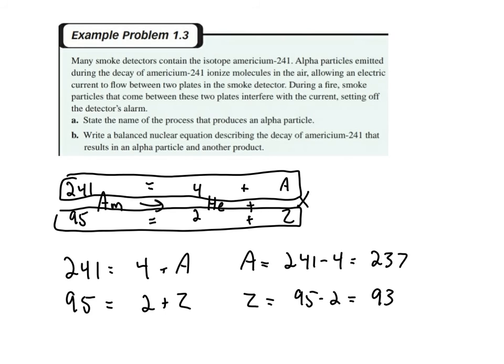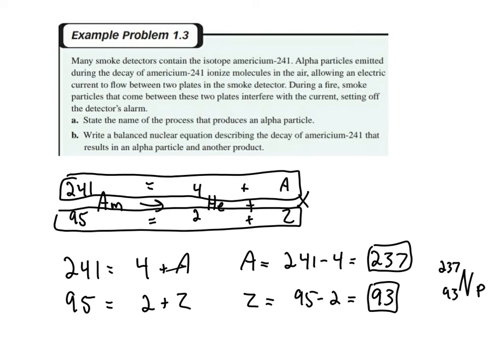And we're done the hard work up to now. Now we just need to go to our data booklet and figure out which element is element number 93, because that's equal to your atomic number, and that is going to be neptunium. So we know now that this is going to be neptunium, which is a 93 down here, and we also know that the mass number of that neptunium is going to be 237, and there we are.